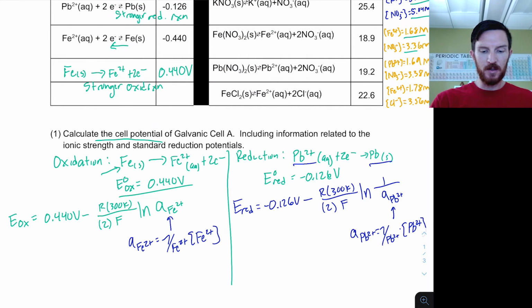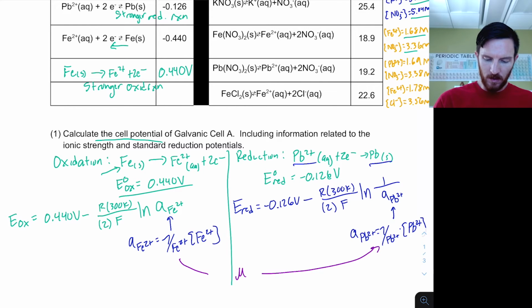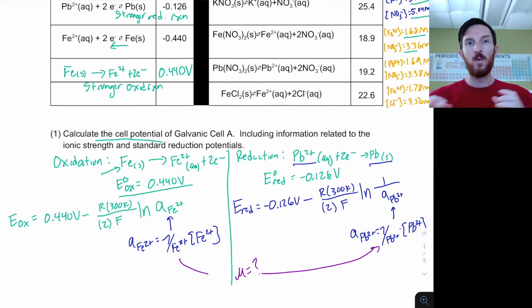Hopefully what's ringing in our minds is that to get the activity coefficient, I need to know the ionic strength. If we don't know the ionic strength of our solution, we can't identify that.